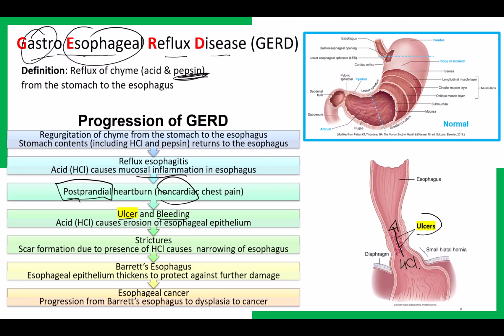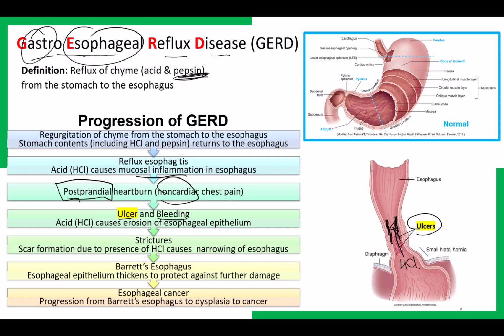So that's an ulcer over here, and if that happens again for a long period of time, it can cause scar formation. So you can imagine if you have formation of scar tissue over here, it narrows the esophageal opening.